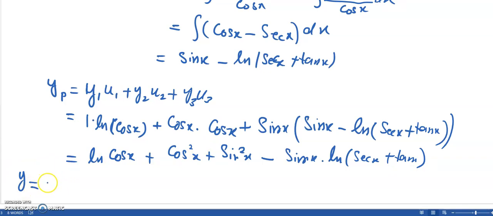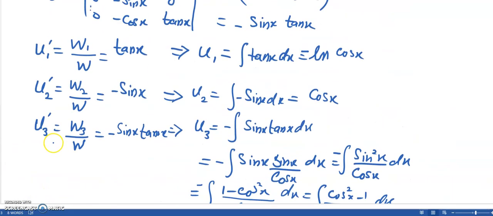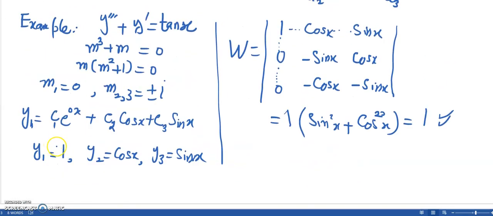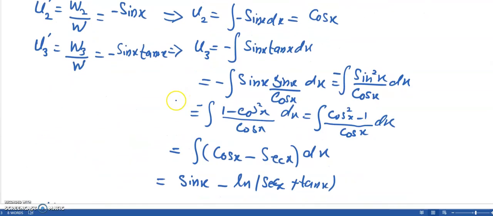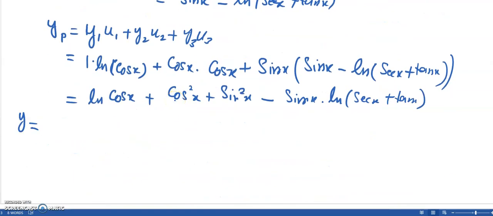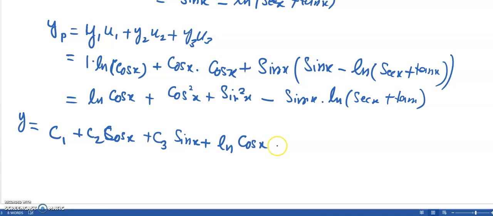The complete solution includes the homogeneous solution, which is c1 e power 0x, so simply c1 plus c2 cosine x plus c3 sine x, and then log of cosine x plus, this is now 1, because cosine square x plus sine square x is 1.